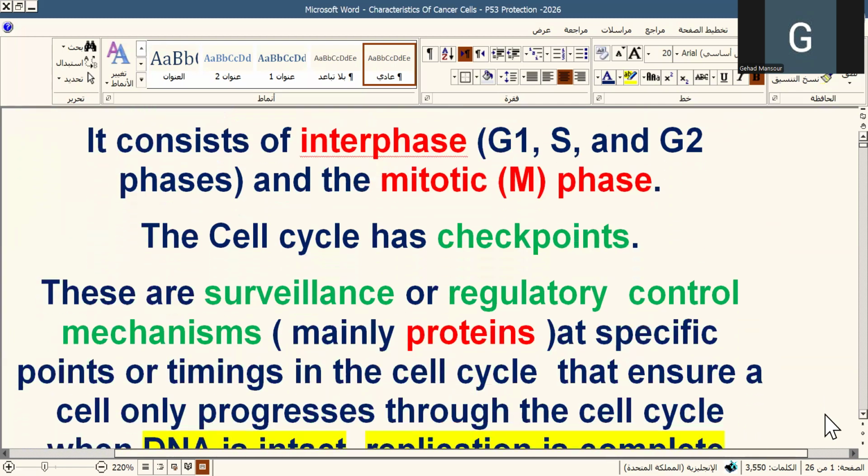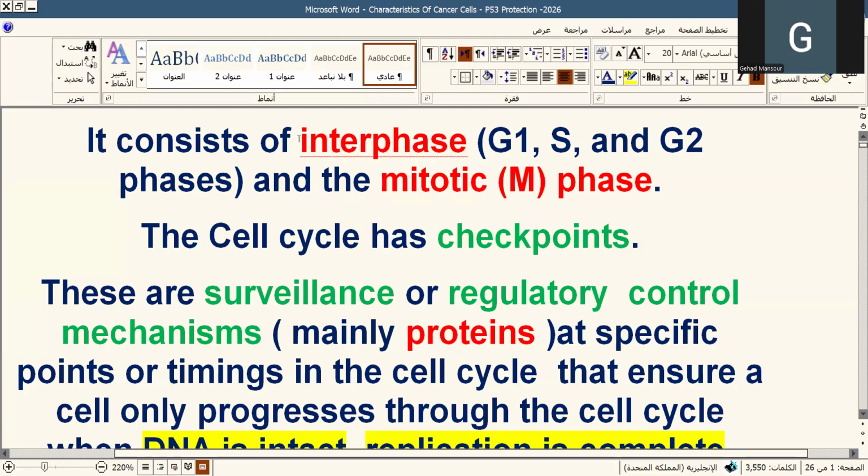As you know from the previous videos on the cell cycle, we can divide those events that are regularly repeated in the life of a cell into two broad divisions, the interphase and the mitotic phase.